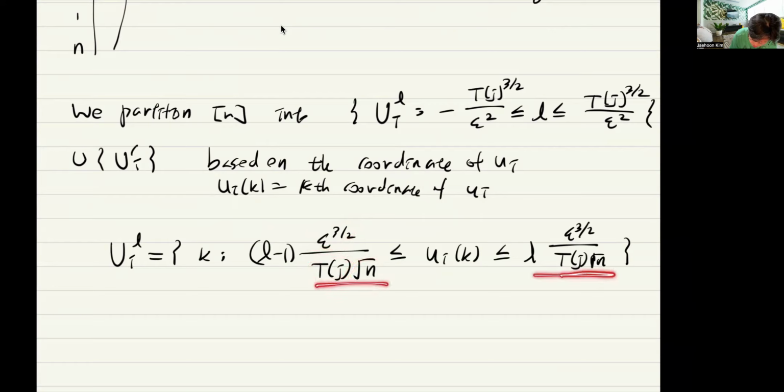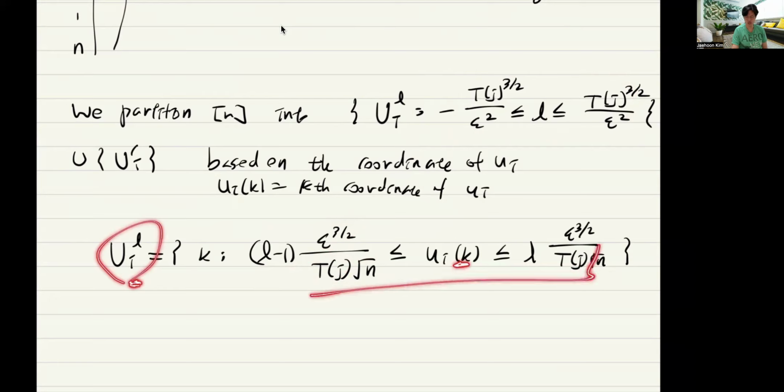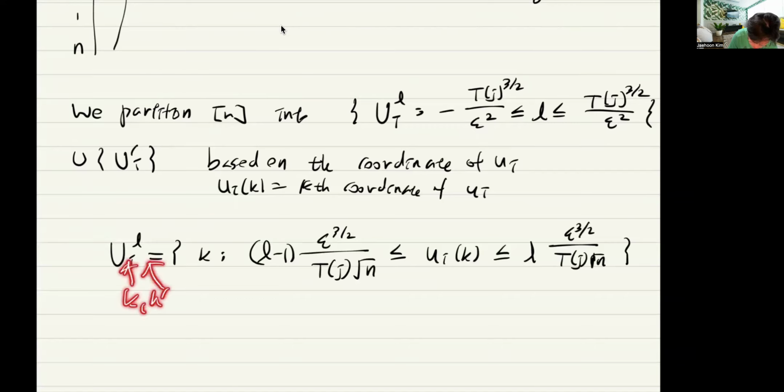So you have a very thin interval, and then L is varying between here and here. So the numbers in u_i^L, their kth coordinate is in this very small interval. So k and k prime are both in here.